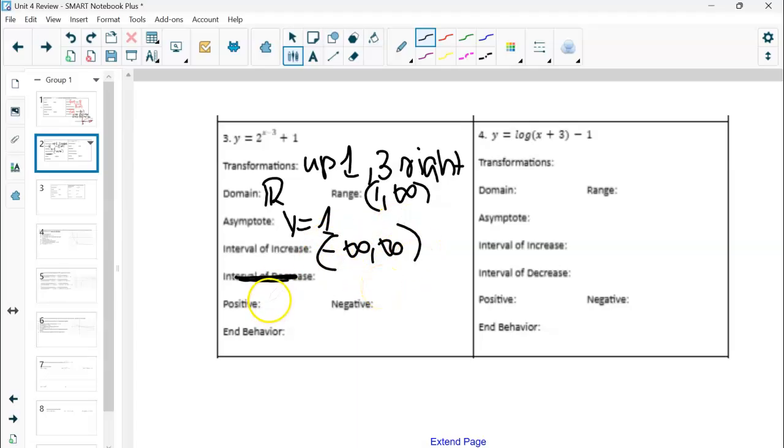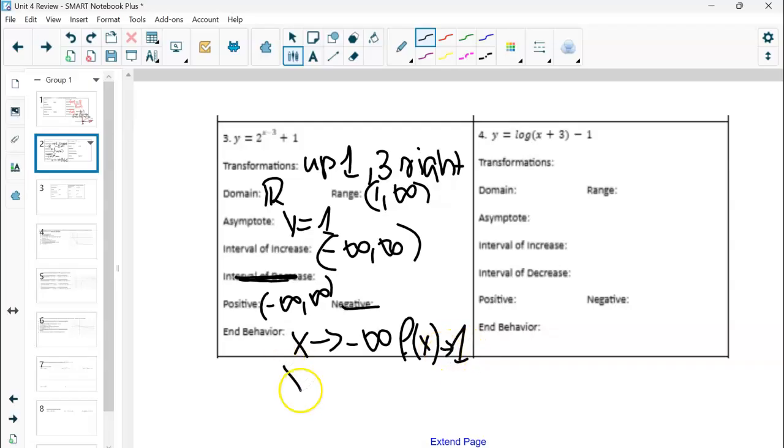Positive were all of them, so again, negative infinity to positive infinity, no negatives. And end behavior, one side, the negative side, was going toward the asymptote, and then the positive side was traveling up. Okay? All right.